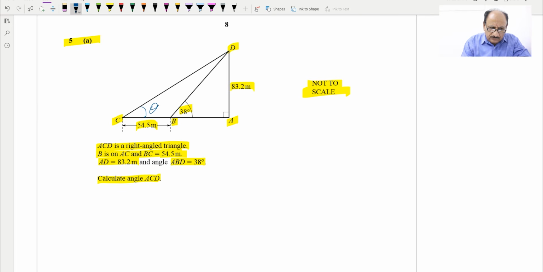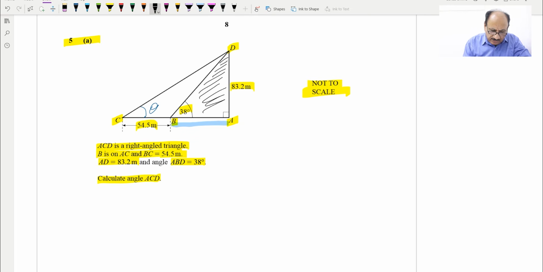So we can first find AB, so that we will be calculating this length first, and then we will be utilizing the bigger triangle. So first of all, we are considering this triangle.